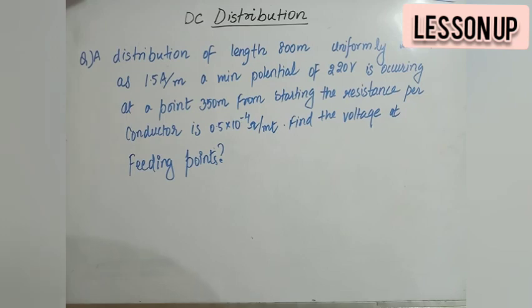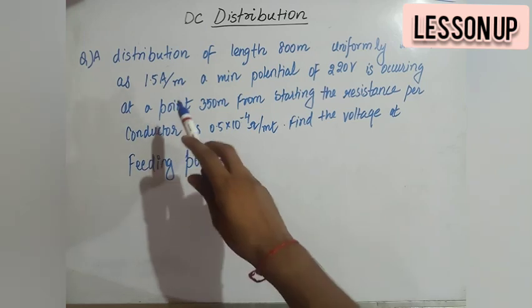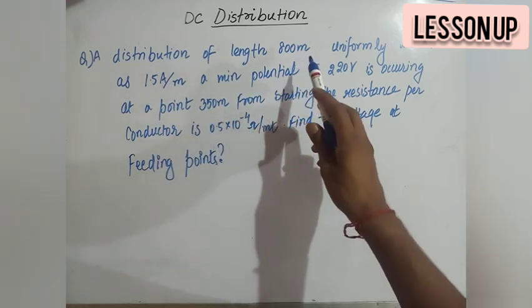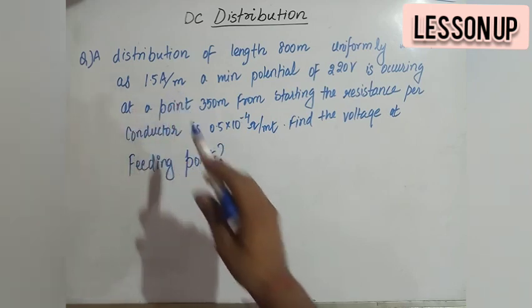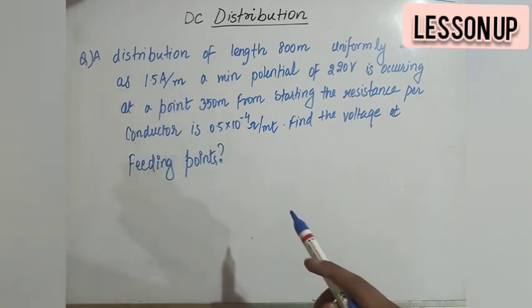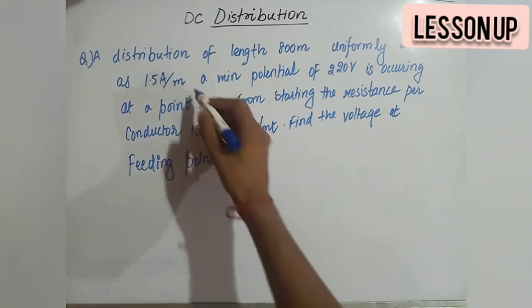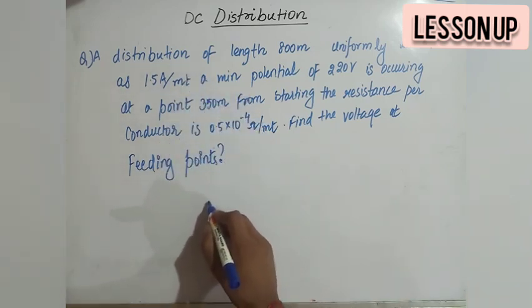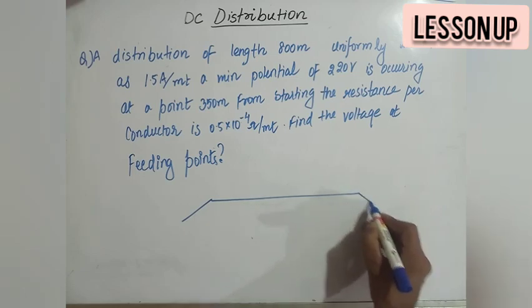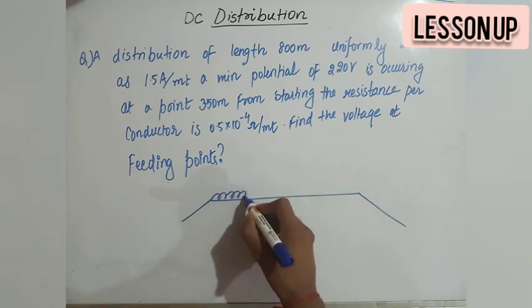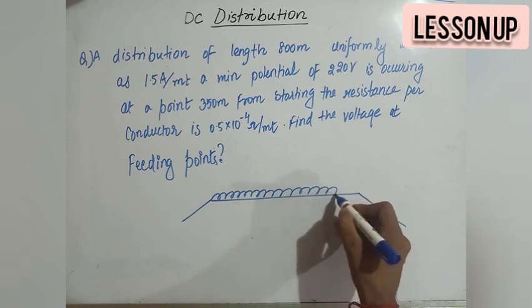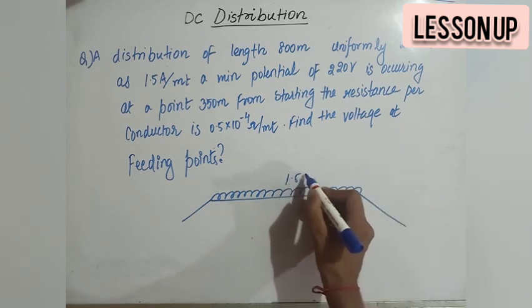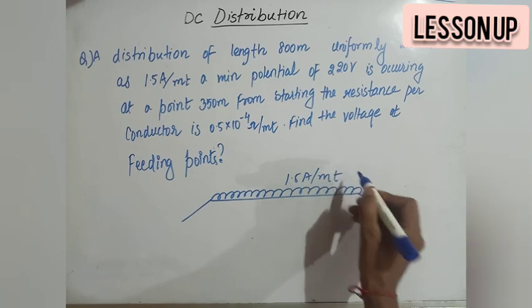So our next question depends on uniform loading. Here a distributor of length 800 meter is uniformly loaded as 1.5 ampere per meter, which means a line is uniformly loaded with 1.5 ampere per meter.